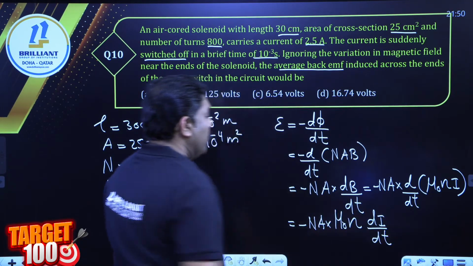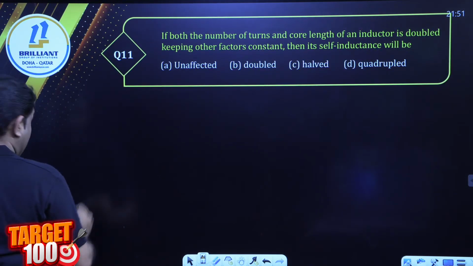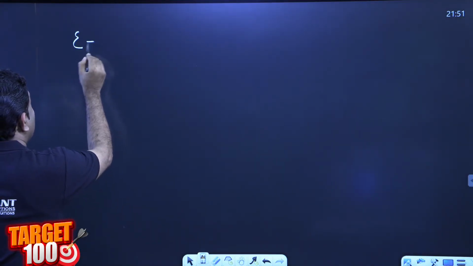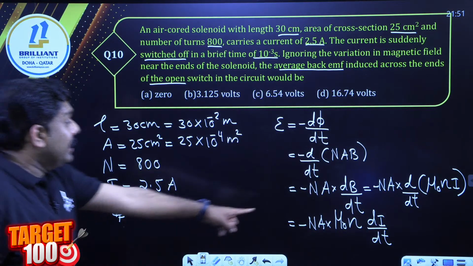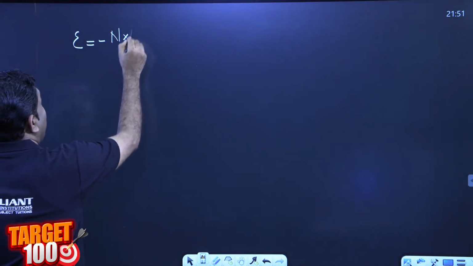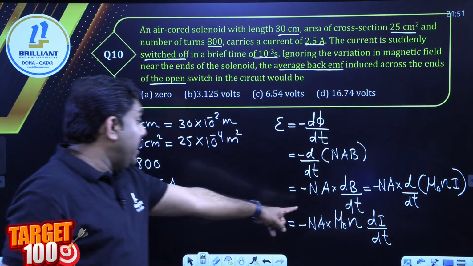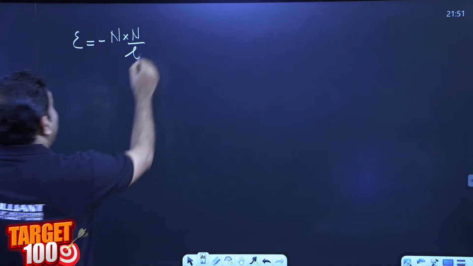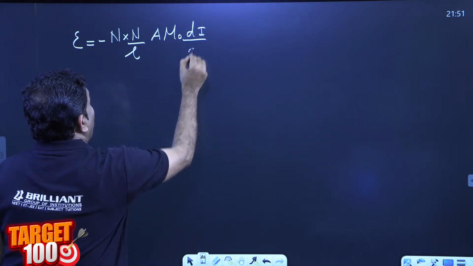So we replace this small n and get the formula: the induced EMF is equal to minus n, where this small n I am writing as capital N by L. Then the remaining terms are A mu naught di by dt.